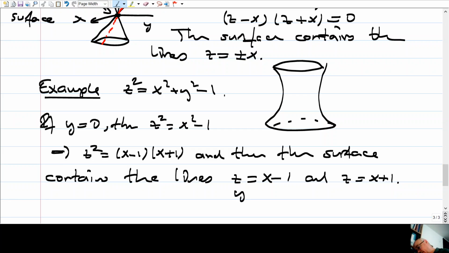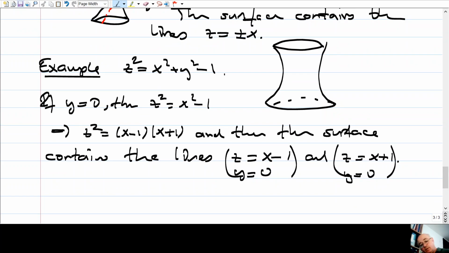I should write these are the lines. Yes, so these are the lines in three-space. All right.